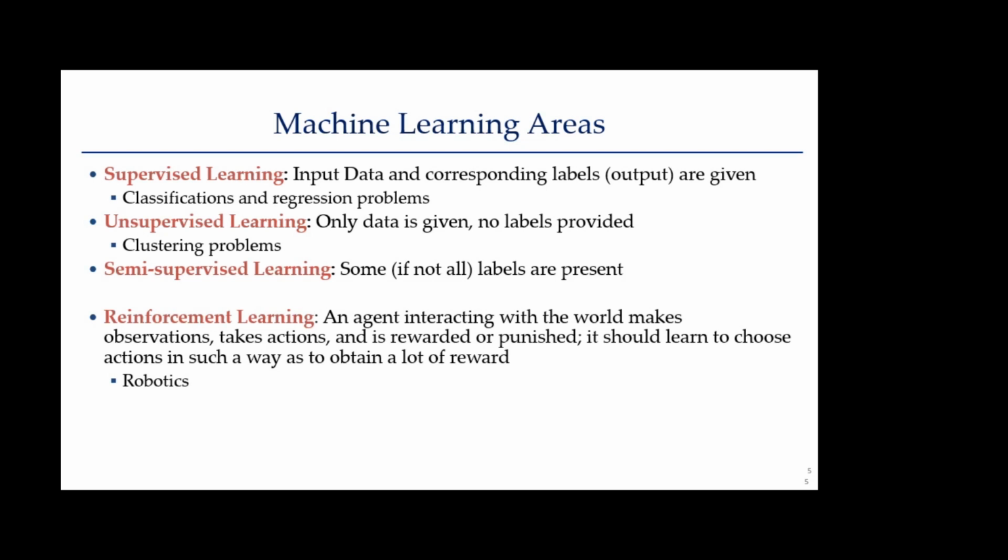There is also reinforcement learning, which is used in games like chess or in robotics to plan a robot route or path. In this kind of reinforcement learning, we have an agent that interacts with the world or the environment around it and makes observations. These observations are given back to the system.